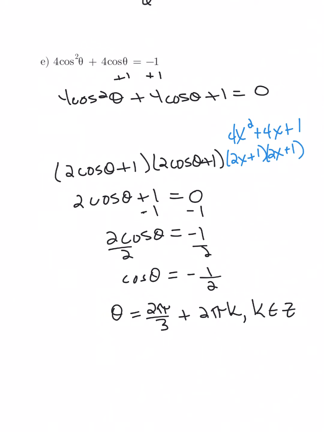And then the place in quadrant 3 where cosine is negative 1/2 is 4 pi over 3. When your quadrants are side by side, 2 and 3, 1 and 2, that type of thing, you have to do the plus 2 pi k. And so that's the solution for this problem.